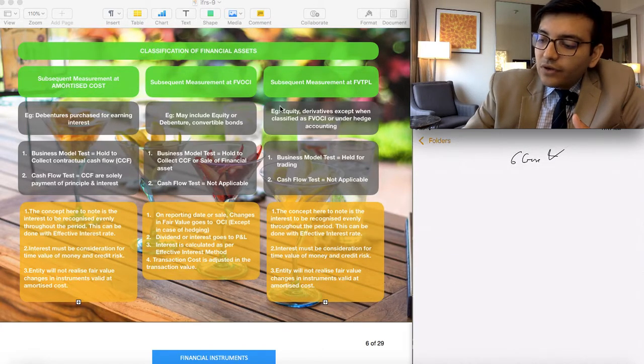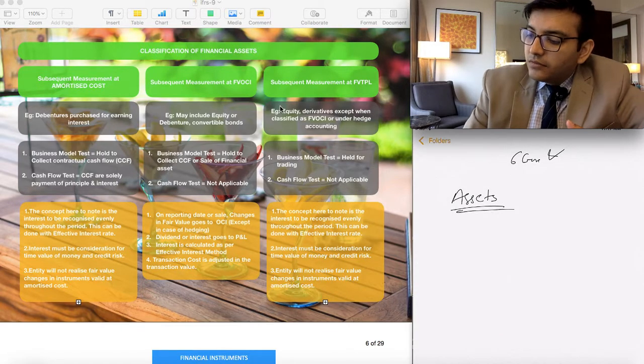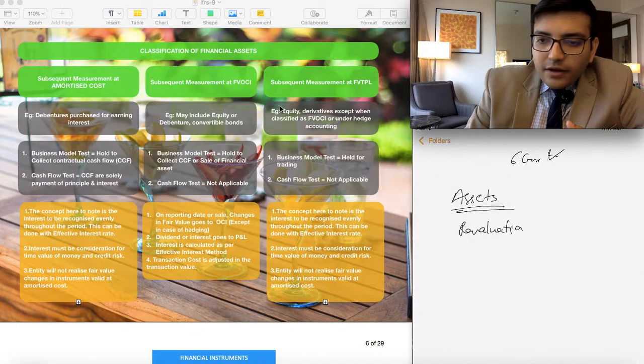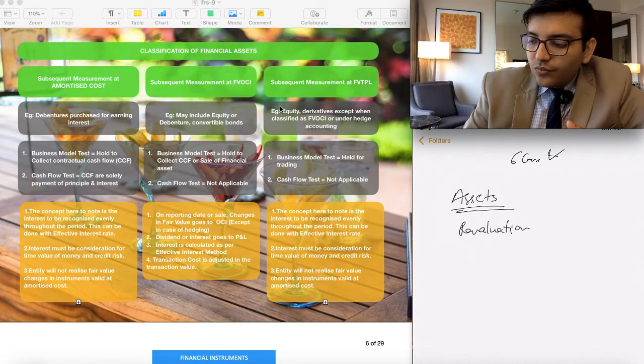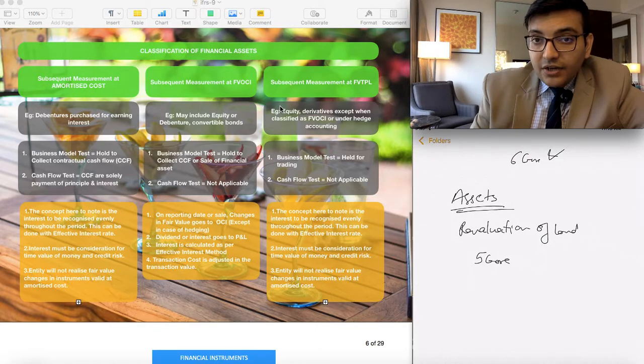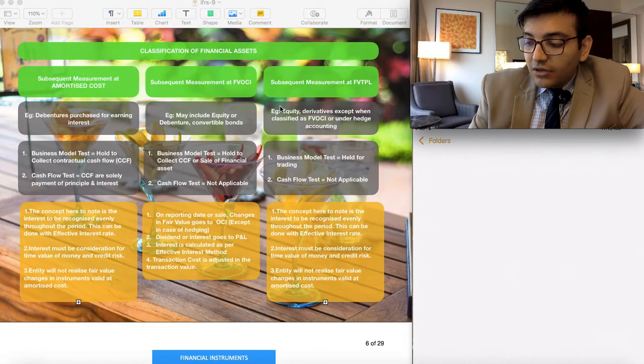Hence they brought in a concept. I'll give you another example, similarly in case of assets. There is a revaluation concept in assets, or revaluation of land, let's say. In the previous year, land in our books of accounts was 5 crore. Now the land value increased to 10 crore.